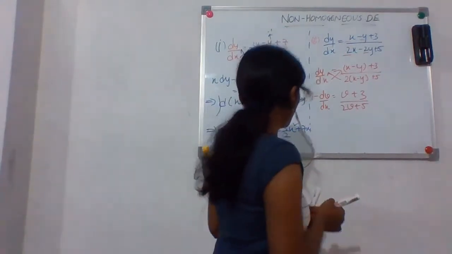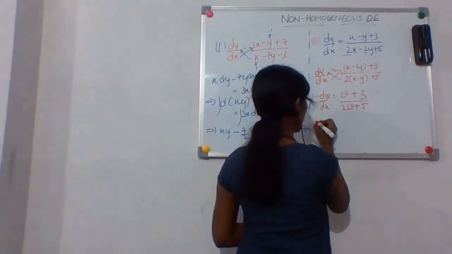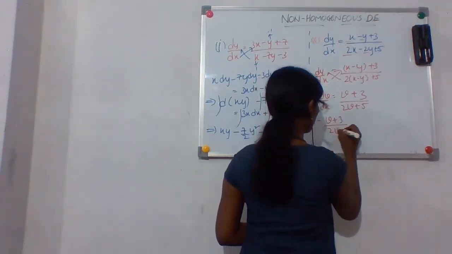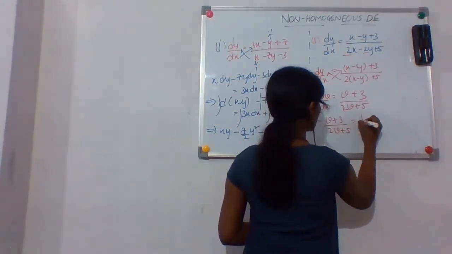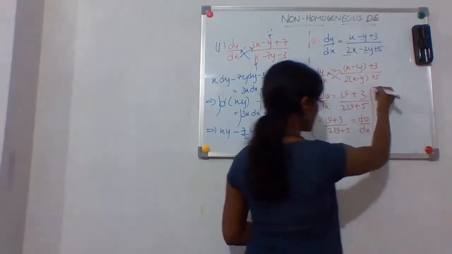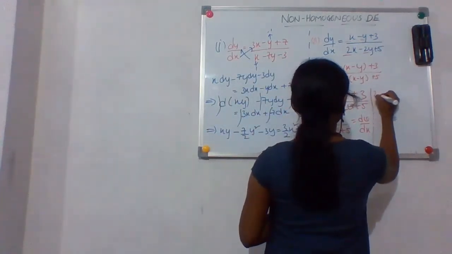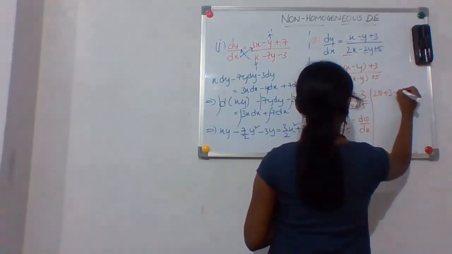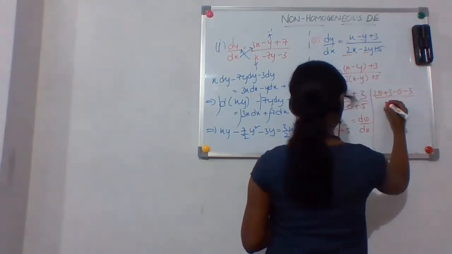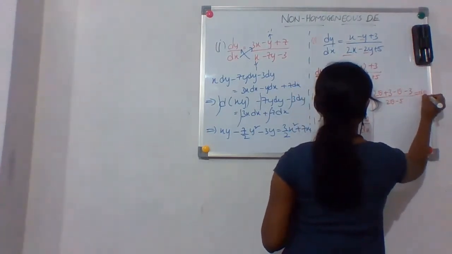Well, so now I am going to take this side and bring it that side. So 1 minus (v plus 3) by (2v plus 5) is equals to dv by dx. Okay, let me continue over this side. So I get (2v plus 3 minus v minus 3) by (2v plus 5) is equals to dv by dx.